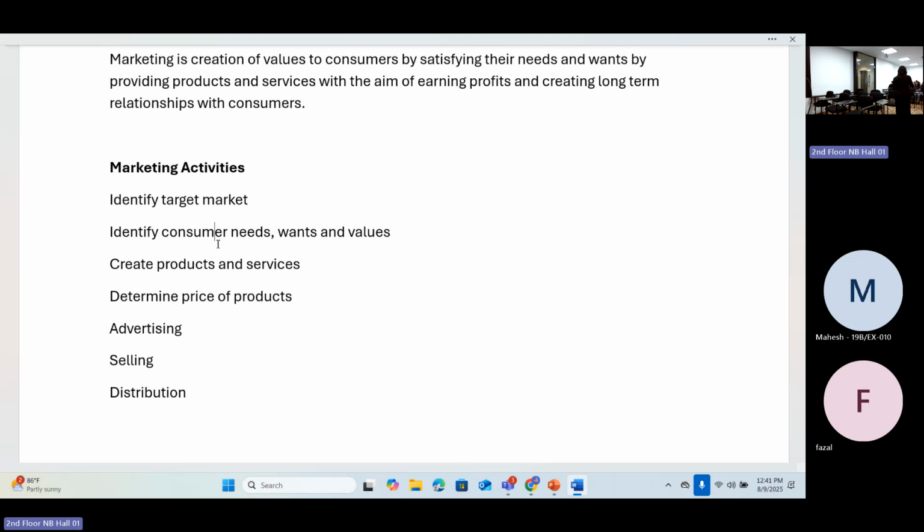Marketing in the sense of all these activities, the application of all these activities. Whether those activities are properly in place, whether it requires any changes, whether it requires any planning, that will be done under marketing management. So simply you can say managing all these marketing efforts within the company, that's what we call marketing management.